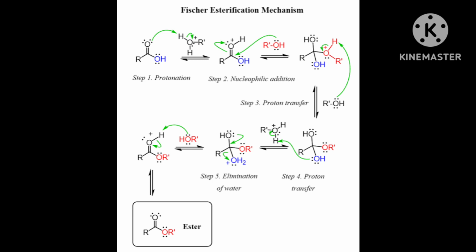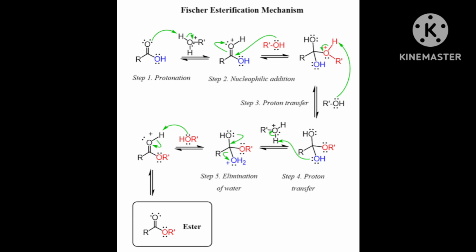That's why in a general way you can write RC double bond OR, correct? It is easy to understand: RC double bond OH was the acid.